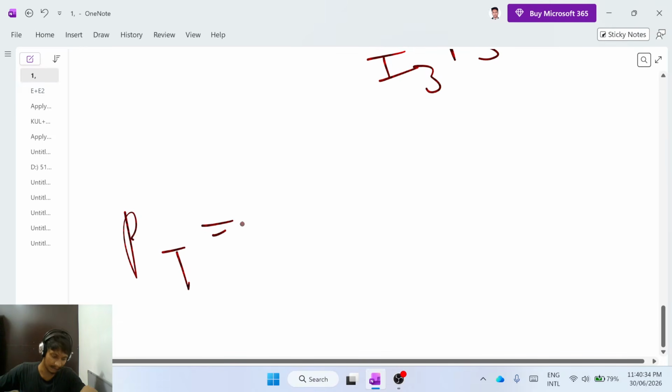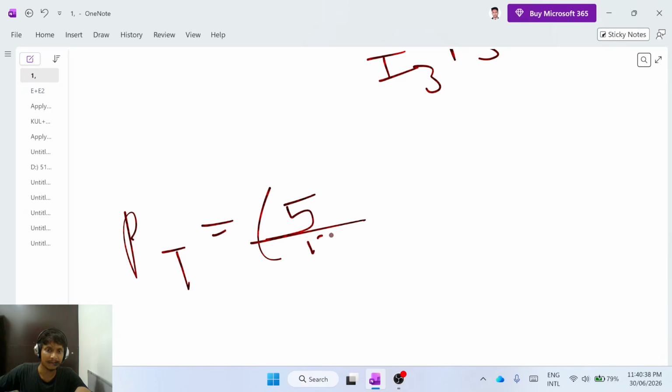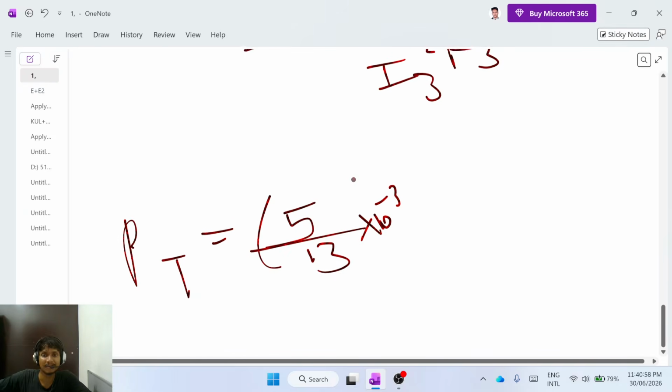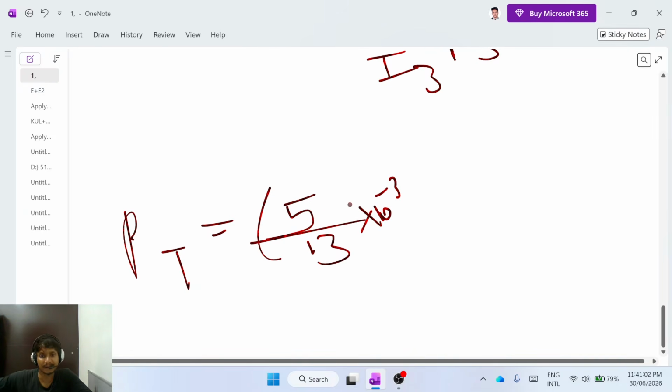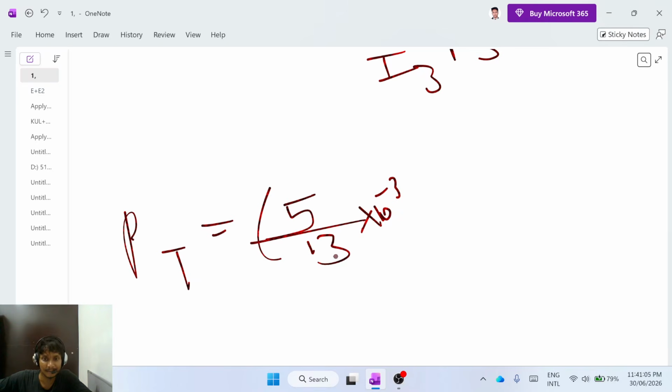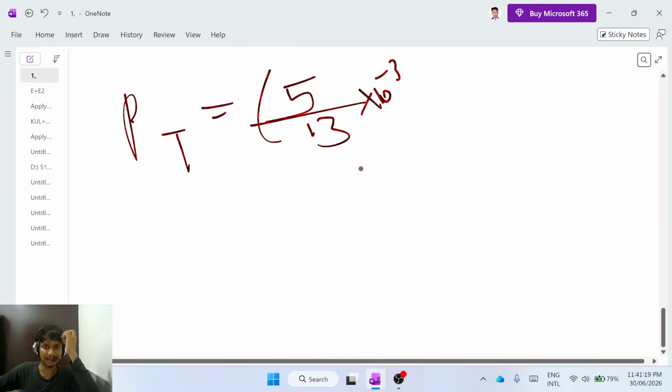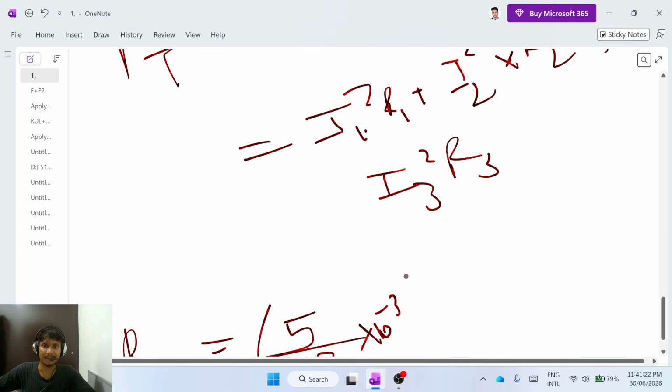Therefore, PT is equal to 5 by 13 into 10 to the power minus 3, whole square, into R1. Here I used 5 by 13 for I1 instead of the decimal value. The reason is that if I substitute 5 by 13, I will get the answer very accurately. In the exam also, please substitute fractions like 5 by 13, not decimal values.